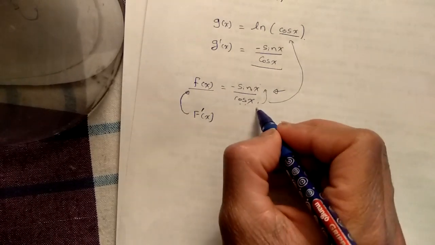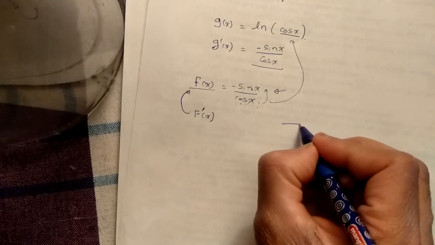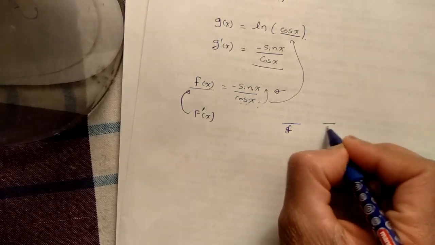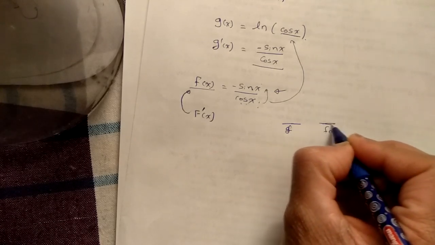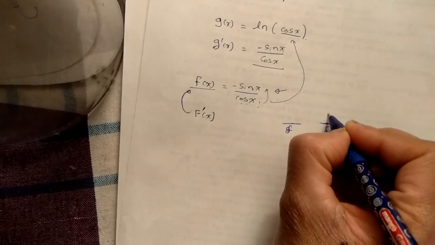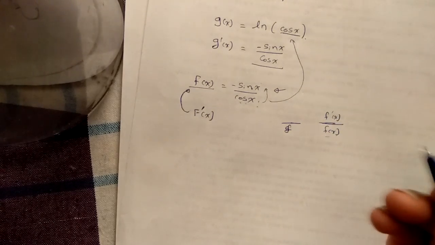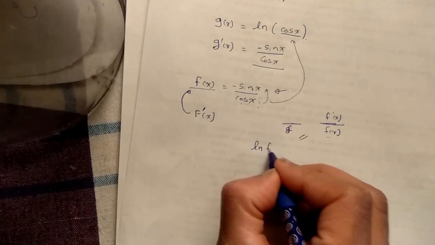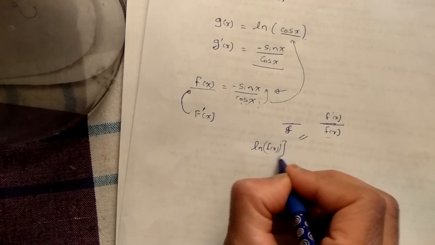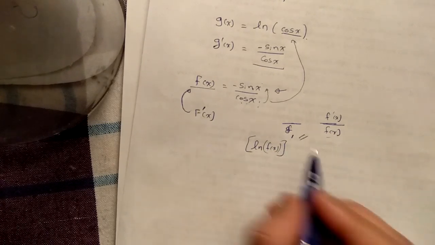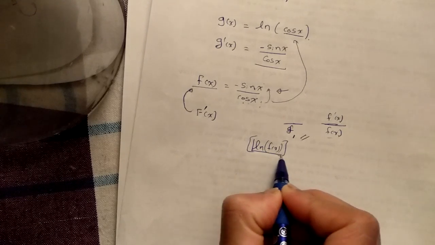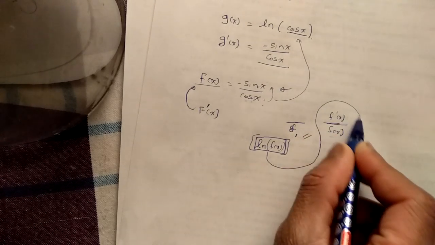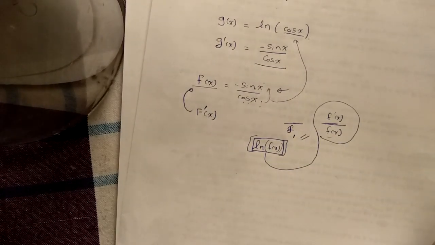Whenever you have a function in the denominator, and if you have the derivative of this denominator in the numerator, you can at once relate this to the derivative of ln f(x). Okay, in other words, this piece of function is the antiderivative of this whole thing, because that goes with the definition.